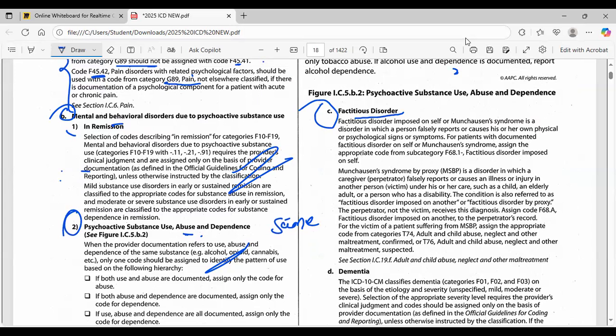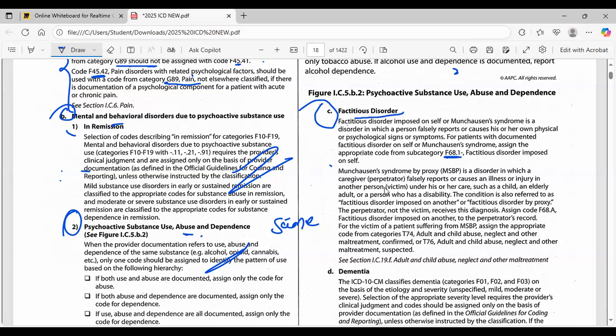That means the patient has factitious disorder and is using incorrect facts for himself. In that case, we have to code F68.1.